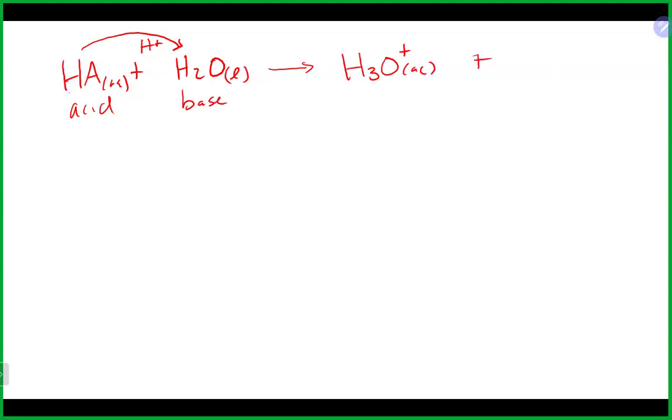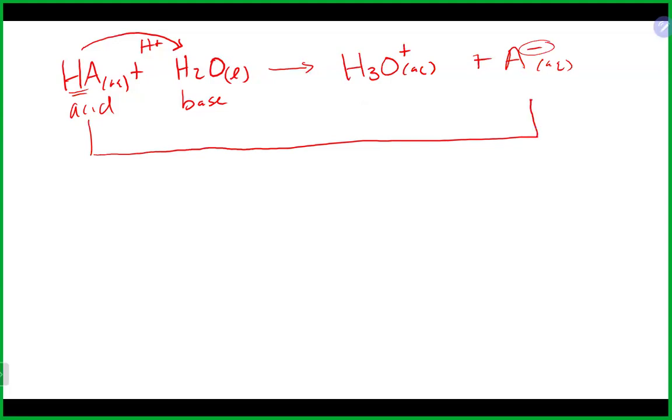And this guy here loses an H+, so he becomes A minus. And again, that is the difference, the charge. What is created on the other side of the equation are partners. The acid on the left-hand side of the equation, its partner on the right-hand side is the conjugate base, while the base on the left-hand side, its partner on the right-hand side is the conjugate acid.